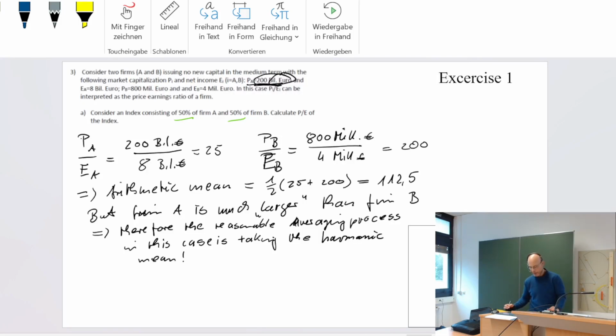And how did we calculate it? The harmonic mean. So the index would be then 1 over 2 to the power of minus 1 plus 1 over PA over EA plus 1 over PB over EB, and this also to minus 1.